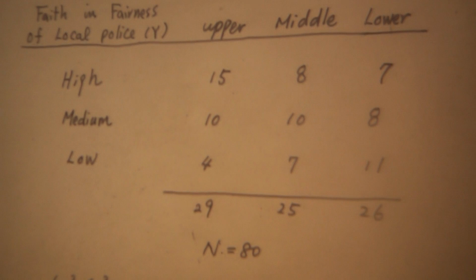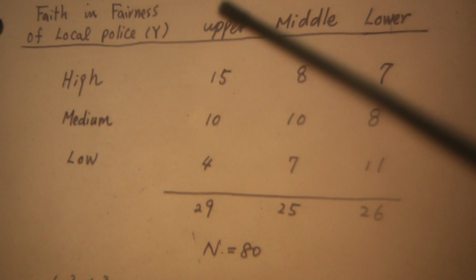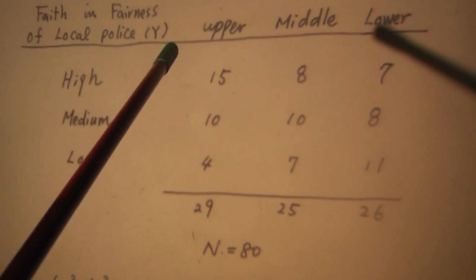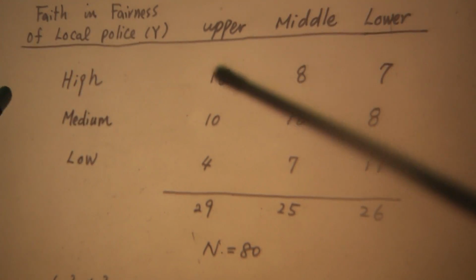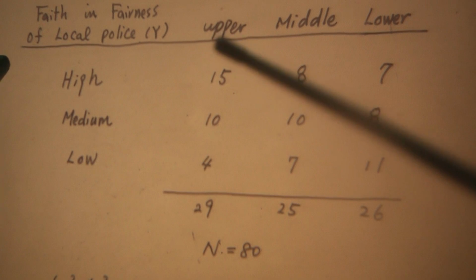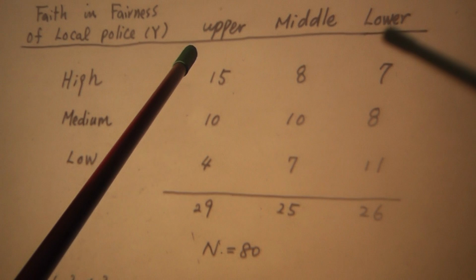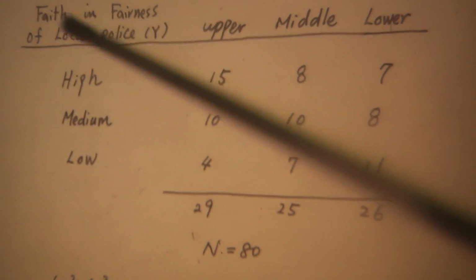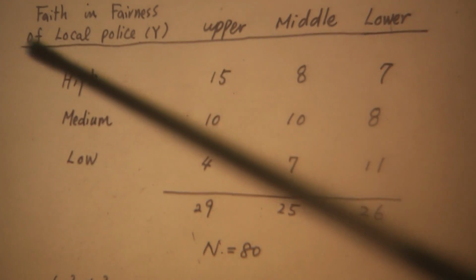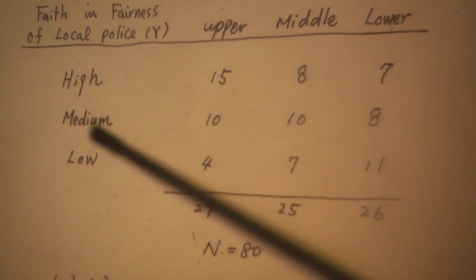Now, let's look at this table together. This is a 3x3 cross tabulation. We divide social class into 3 different levels: upper level, middle level, and lower level. And for faith in fairness of the local police, we put high, medium, and low.